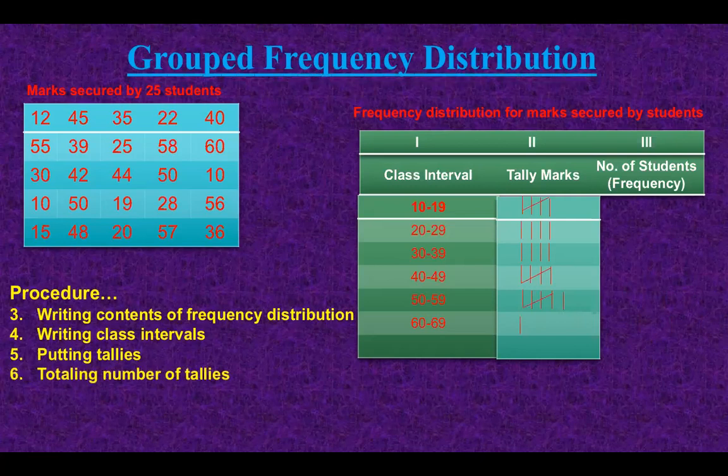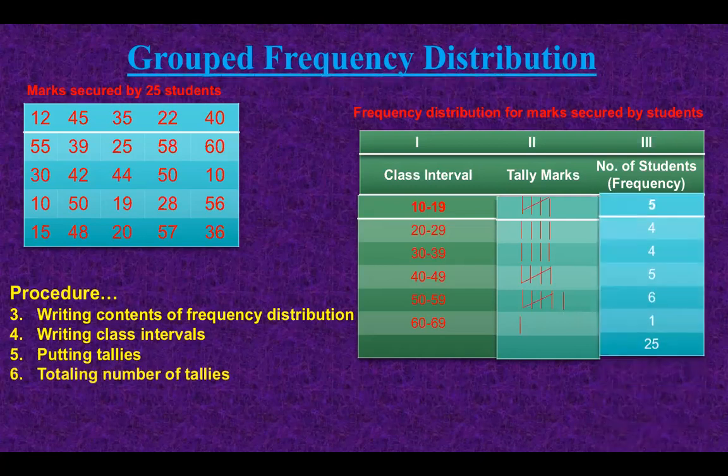Then the next step is to total the number of the tallies. In the first class, 10 to 19, we have 5 students. In the second class we have 4 students. In the third we have 4, and then 5, 6 and 1.